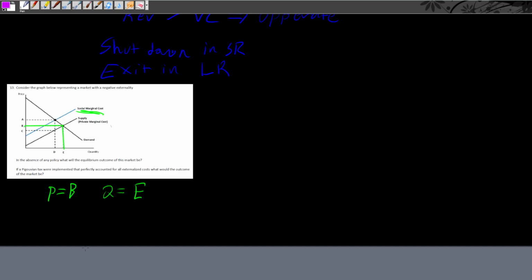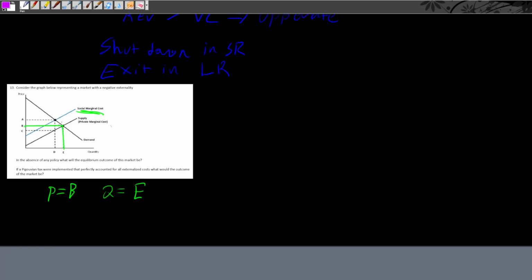So if we instead introduce a Pigovian tax, so that is a tax intended to reflect the externalized costs of a particular transaction and to impose those on people involved in the transaction directly, we would essentially tax the supplier exactly enough to make the private marginal cost curve equal to the social marginal cost curve.